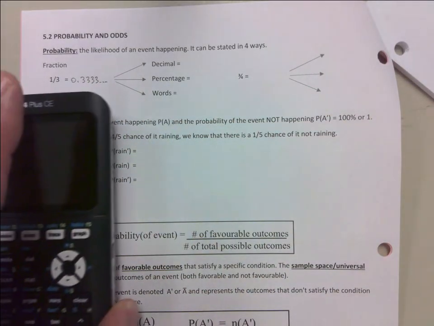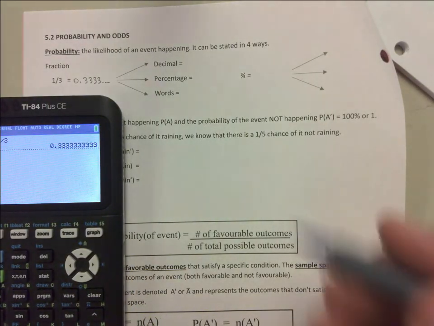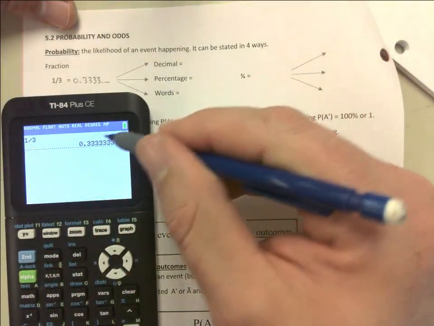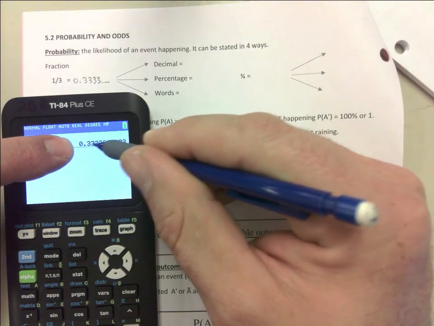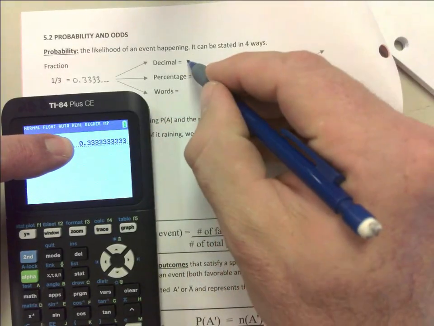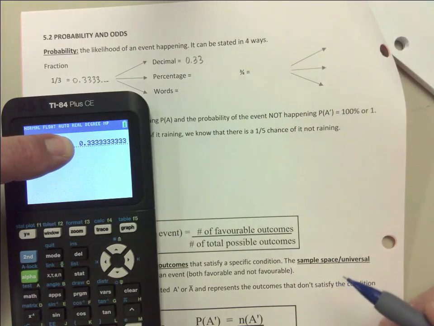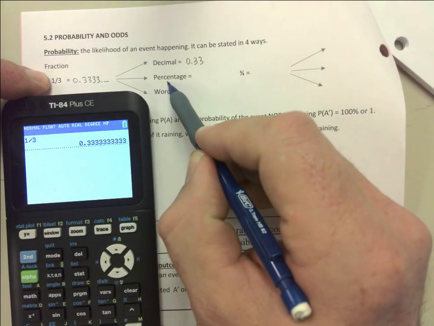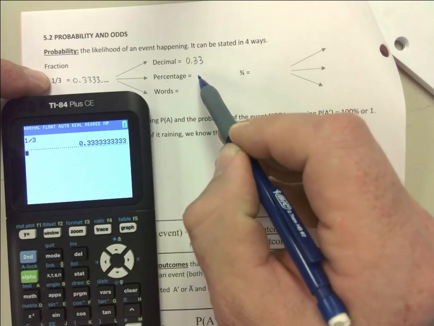When you divide that to get a decimal, I always want you to go to your screen, and from here you would round to 2 decimals in this case, so 0.33. If you wanted to state 1/3 as a percentage, you don't just multiply 0.33 by 100 and get 33%.